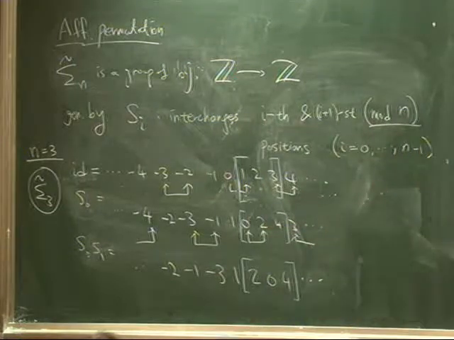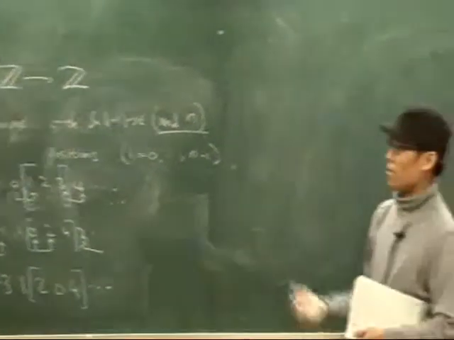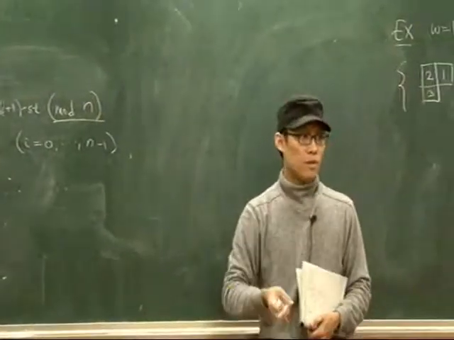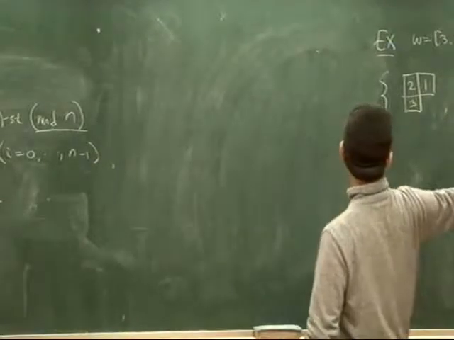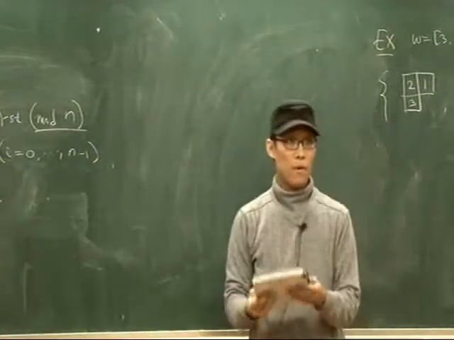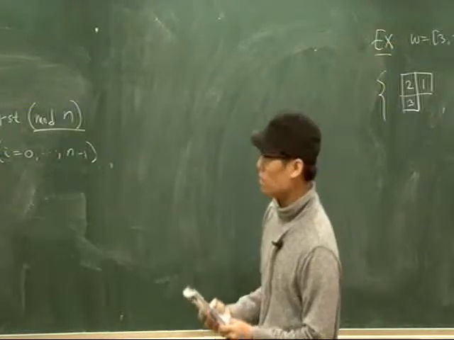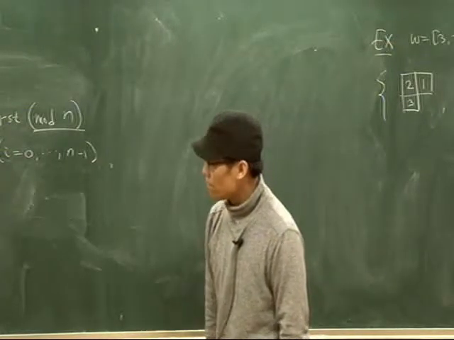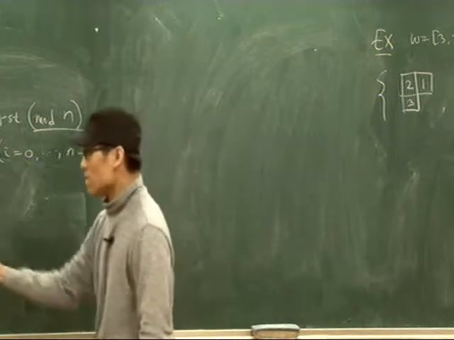Then we can ask how many reduced words there are for affine permutations. So we can ask very similar questions to what we have seen before. Is it s_0 s_1 or s_1 s_0?